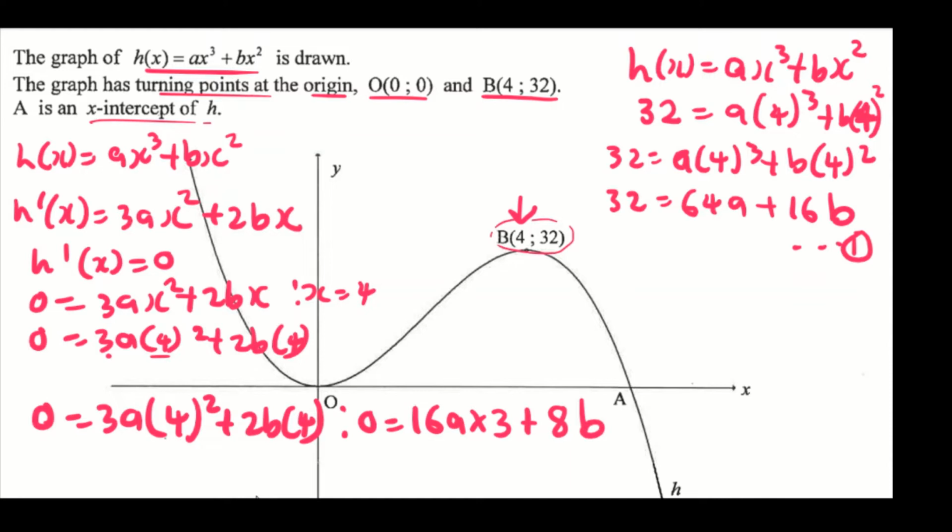So we're going to get 0 equals 48a plus 8b. So this would be our equation 2.